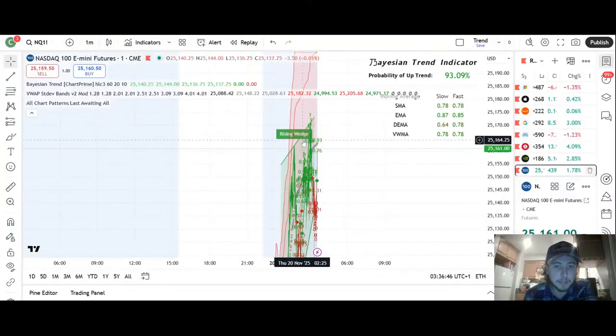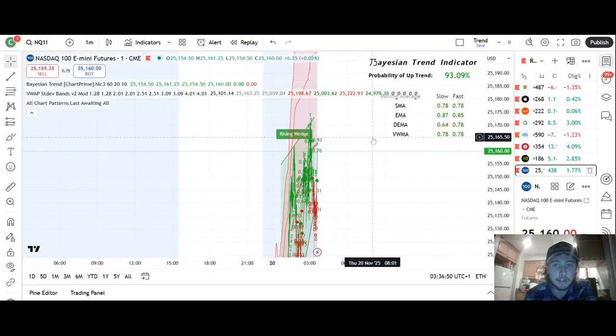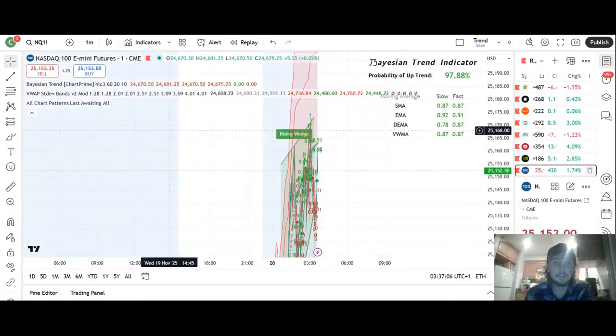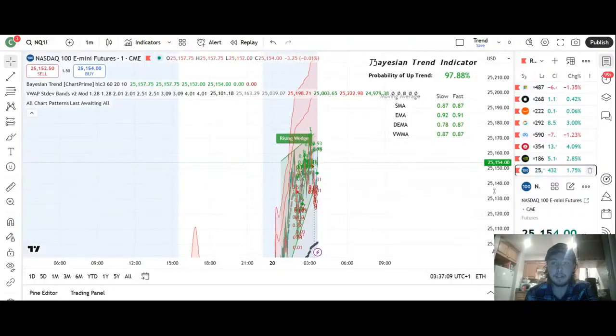And then we have a rising wedge, which has now a 93.09% chance of the trend continuing up. Very interesting. And these three in one, which are actually amazing.